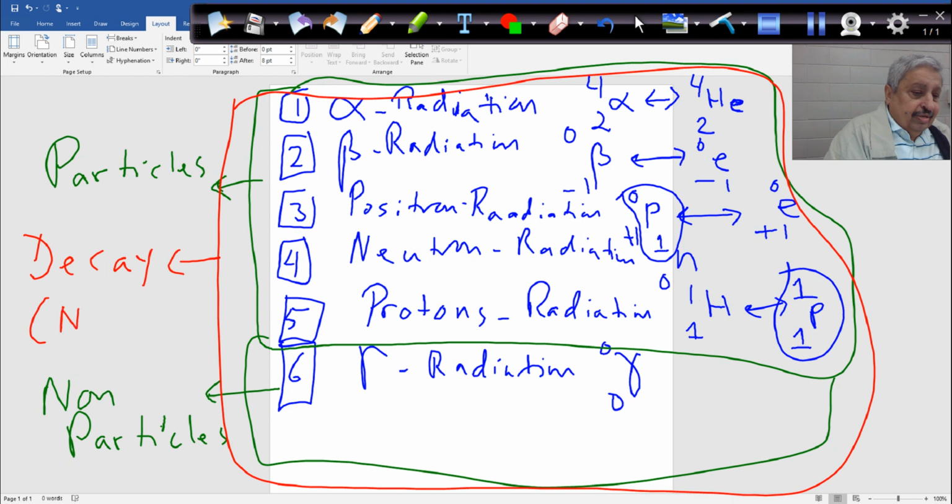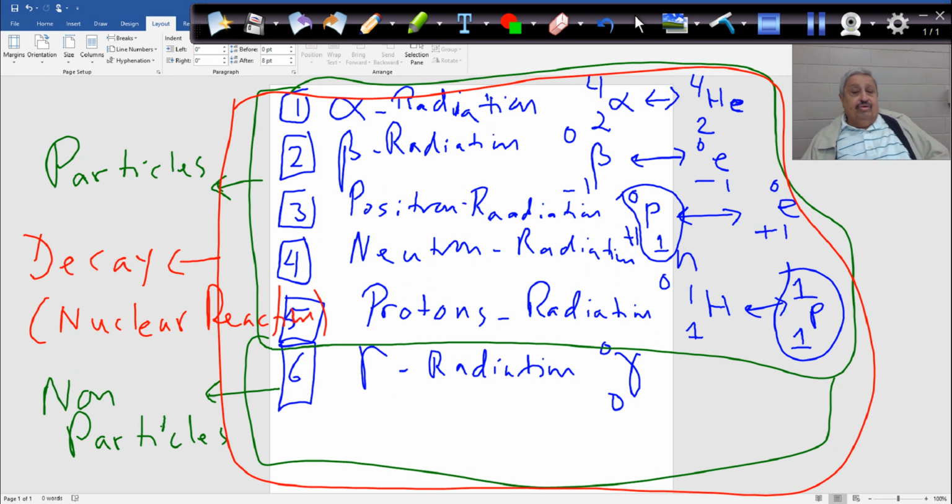This is a nuclear reaction. So those can cause decay, meaning something will be chopped out of the nucleus and new elements will come out. So let's look at what we can see of this decay, or these types of nuclear reactions.